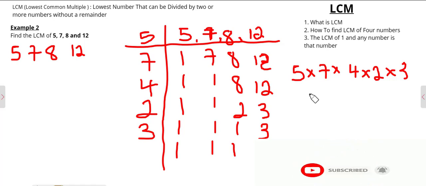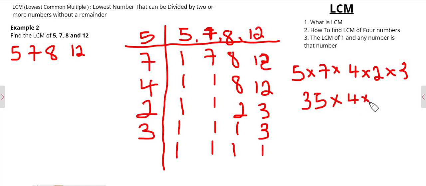So 5 times 7 is going to give us 35. So multiply again by 4. Multiply by 2 and multiply by 3. So 35 times 4 will give us 140. We have 140 times, I already know that 2 times 3 is 6.